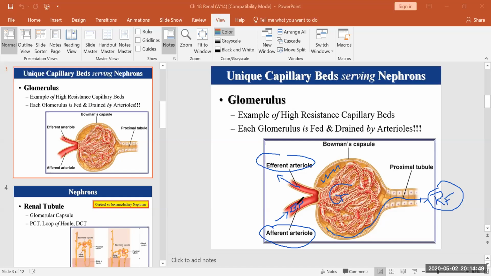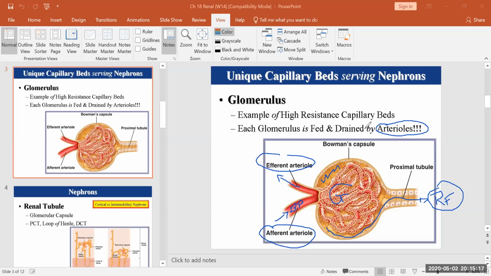And you have 1 million of these nephrons with their associated glomerulus per kidney, okay? I mentioned this earlier. So high resistance capillary beds are fed and drained by arterioles, the arriving and the exiting arterioles.